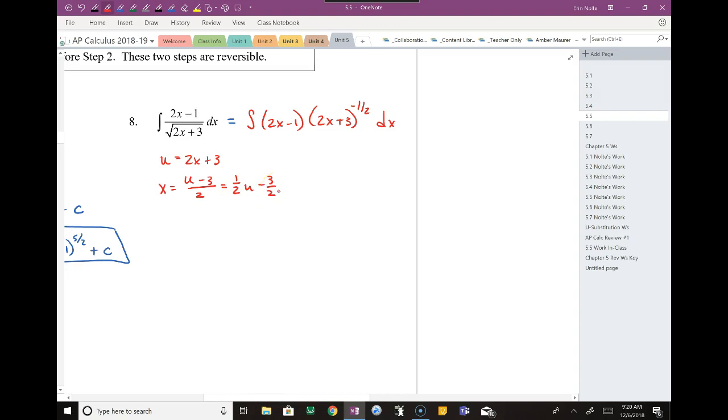Now my next step from there is deriving it. So what is the derivative of x? dx. What is the derivative of 1/2 u minus 3/2? So what's the derivative of 1/2 u? 1/2. So it's just going to be 1/2 du.